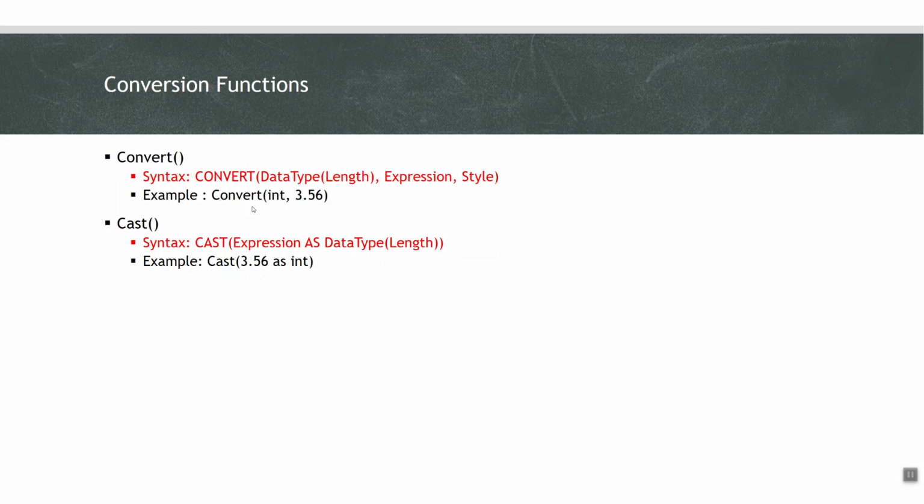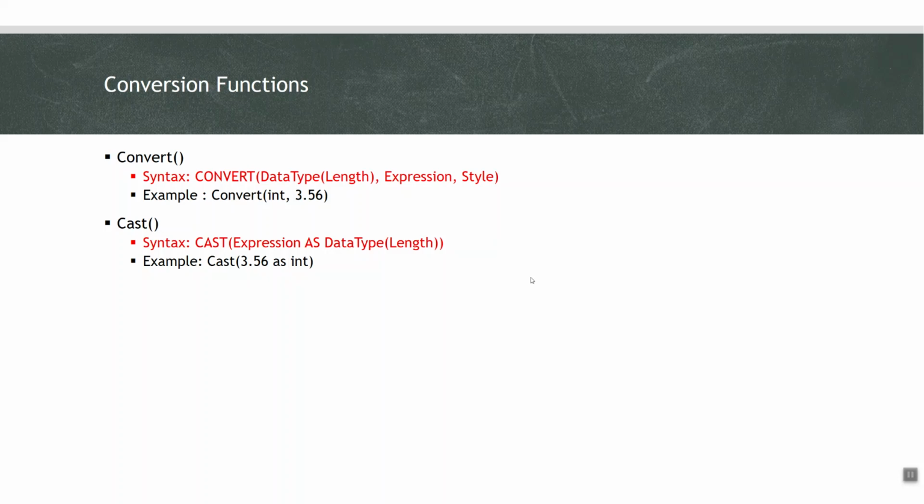And cast does the same operation, but the syntax is slightly different. Here we have the expression first, then AS, then the data type. The expression is mandatory, and the data type can be any type, similar to before, like smallint, float, varchar, datetime.